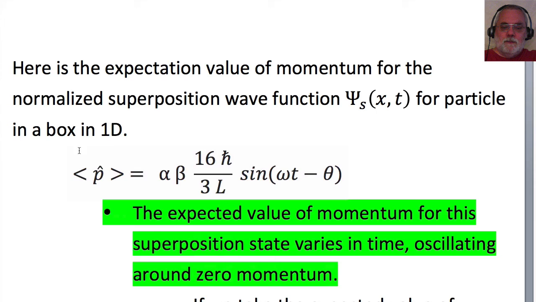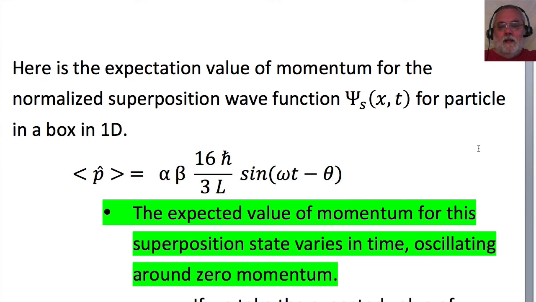The expectation value of momentum operator P is these constants times sine omega t minus theta. The expectation value of momentum for this particular superposition state varies in time, oscillating around zero momentum.